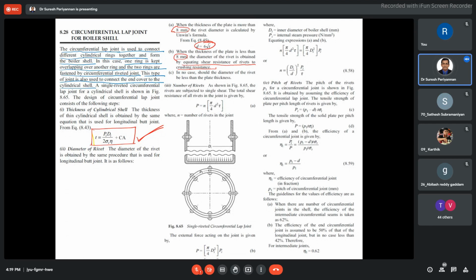Okay, now I come to the number of rivets. How many rivets are required? Now, see here, what is the total shear resistance? P is equal to the shear force, which is N, the number of rivets, into pi by 4 d squared into tau. Right?